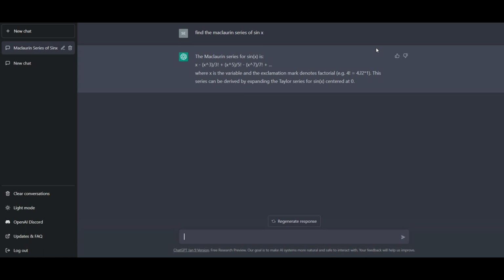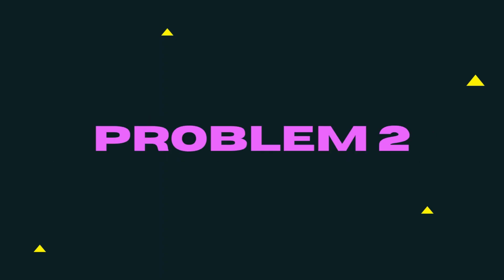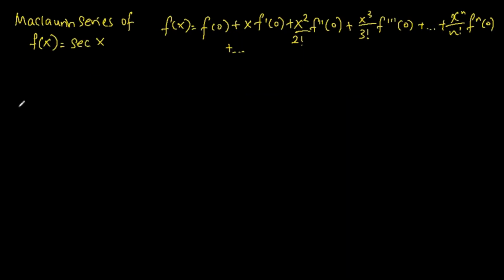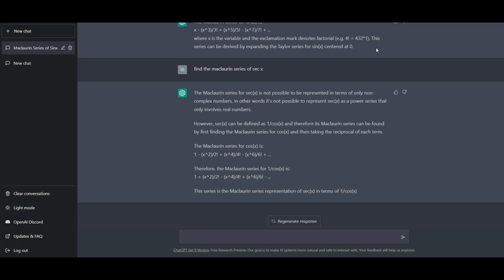The next problem we are going to ask ChatGPT to solve is to find the Maclaurin series of secant x, which is a slightly more complex problem. Apparently, ChatGPT tells us that the Maclaurin series for secant x is not possible to be represented in terms of only non-complex numbers, which in other words, it is not possible to represent secant x as a power series that involves only real numbers.